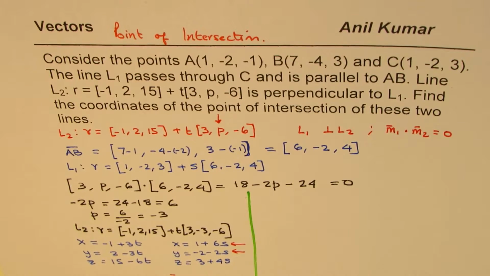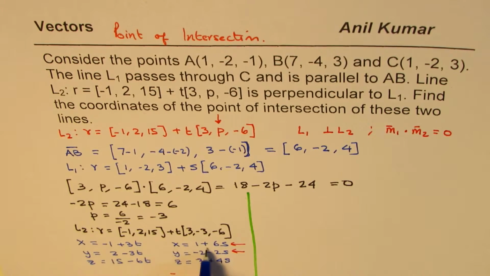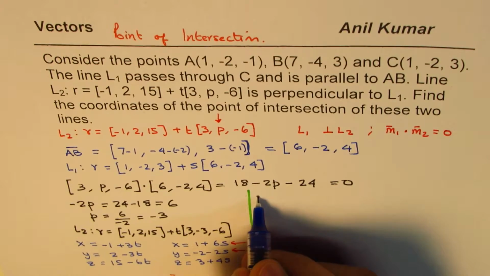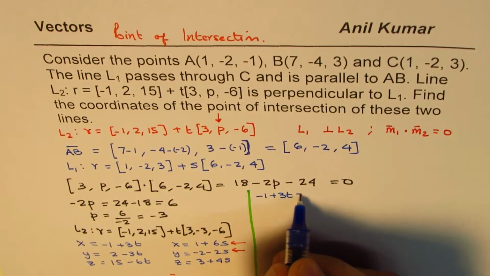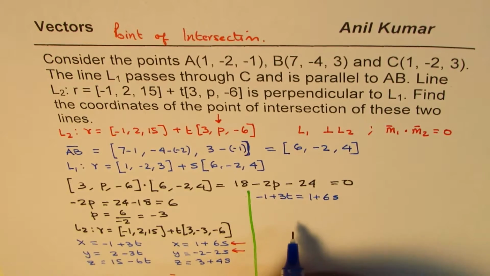The first equation we are going to pick up is their x values. At the point of intersection, their x values, y values, and z values should be the same. So we have minus 1 plus 3t equals 1 plus 6s.